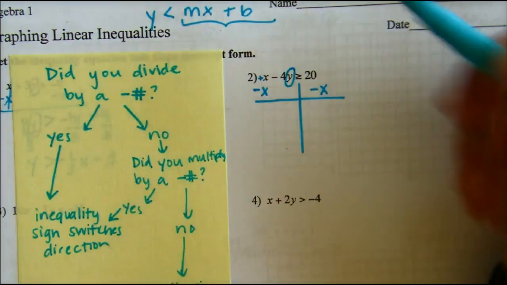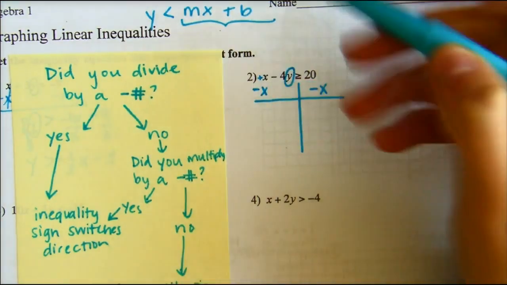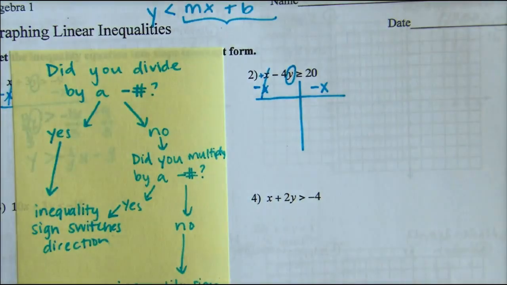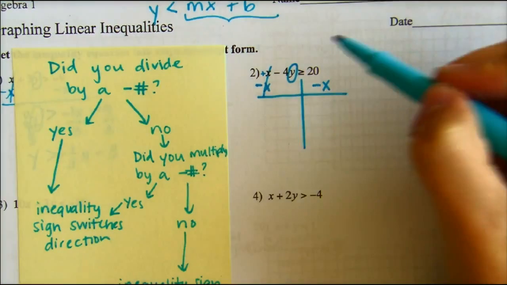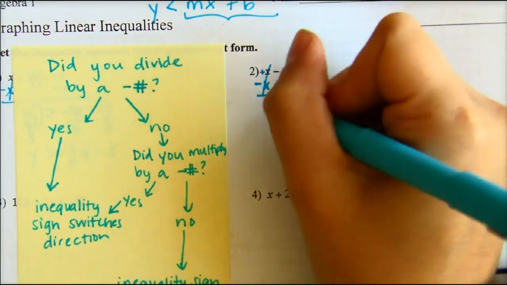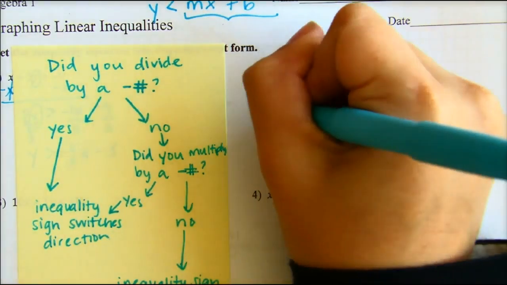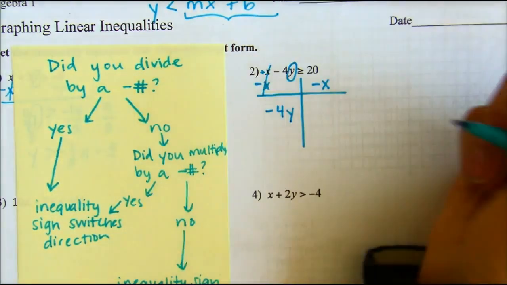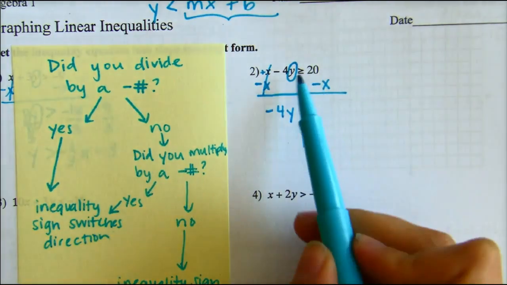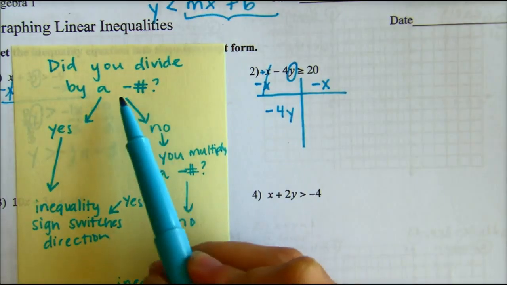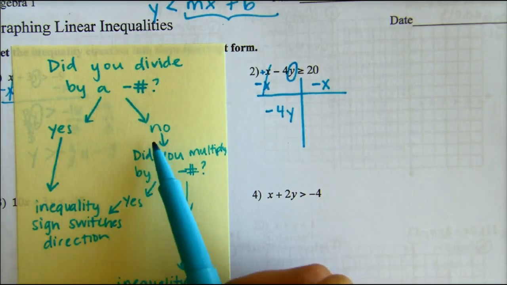When I do that, a positive x minus x will give me 0x. They'll cancel out. I'm going to bring down this 4y and the negative that's right in front of it. So I'll have a negative 4y. Over here to check my sign, did I divide by a negative number? No, I subtracted x.